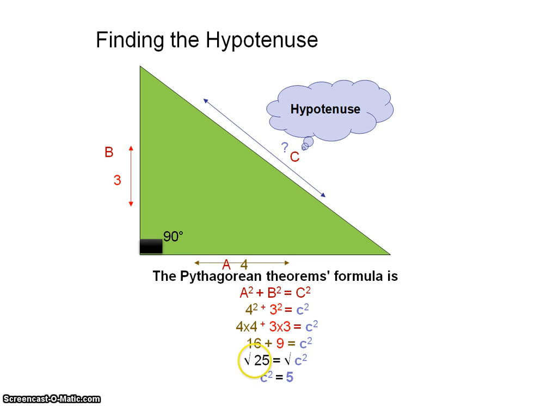The square root of 25 is 5 because 5 times 5 is 25. As a result, if A is 4 and B is 3, it means C is 5.